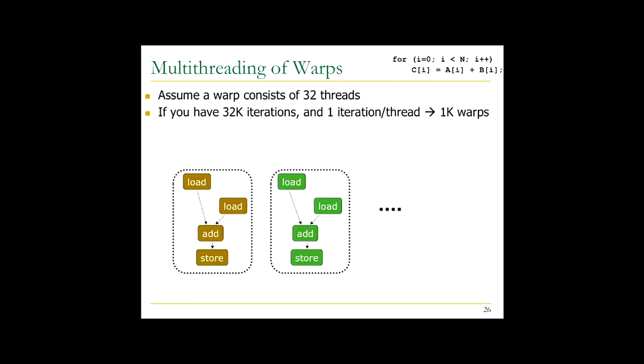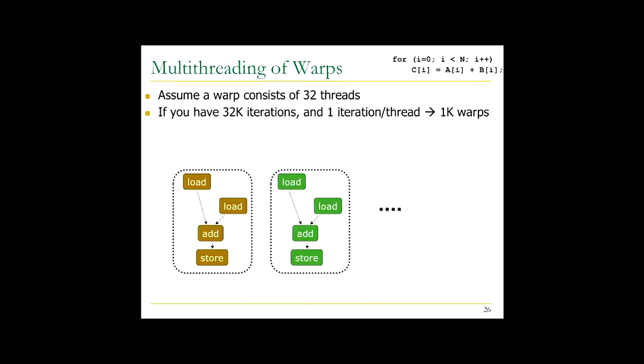Now, if you have 32,000 iterations over here, a warp is really a hardware construct in the GPU. A GPU says, I can execute these 32 threads at the same time at the same program counter. But you may have many, many more iterations than 32, right?